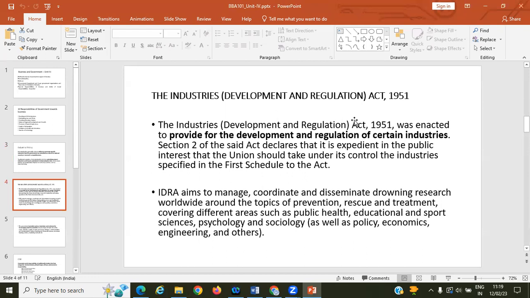IDRA, Industrial Development and Regulation Act 1951, is enacted to provide for the development and regulation of certain industries. Section 2 of the said act declares that it is expedient in the public interest that the union should take under its control the industries specified in the first schedule to the act.